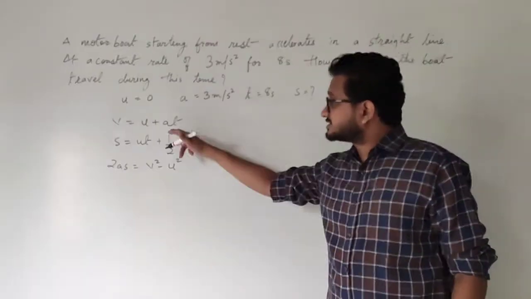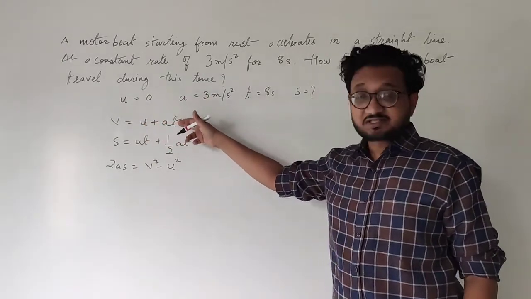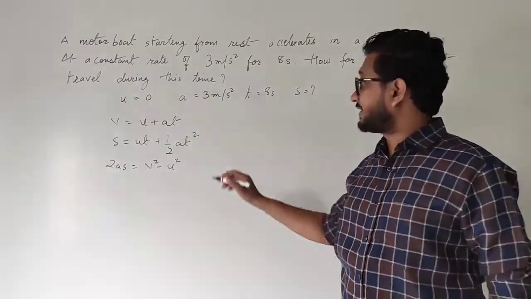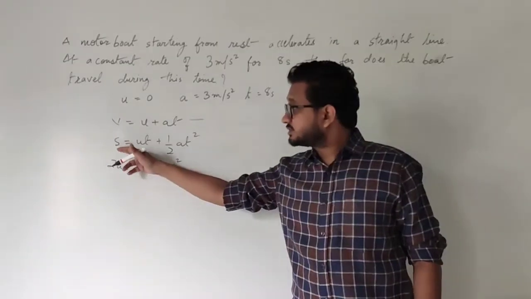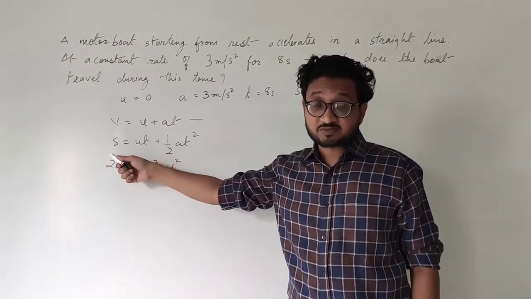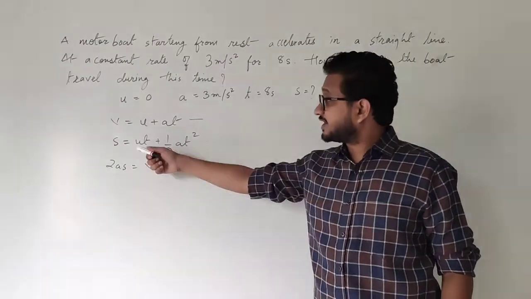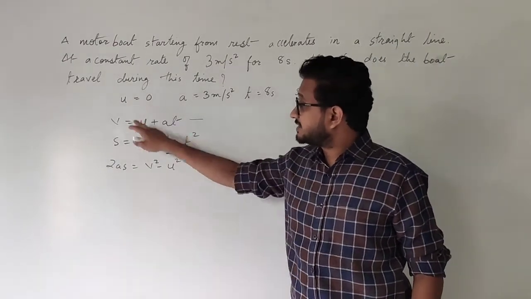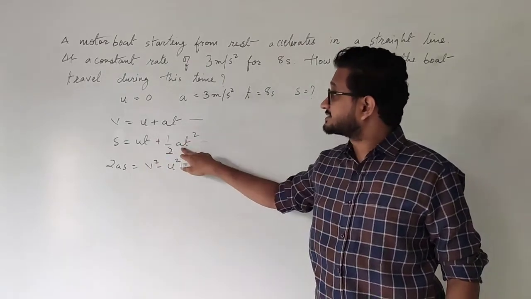If you see the first equation, you will not see the distance in it, so you will not be able to find the distance using this formula. The second one is s is equal to ut plus half at square, and yes, there is distance or displacement in this formula. Initial velocity is there, time is there, acceleration is there.